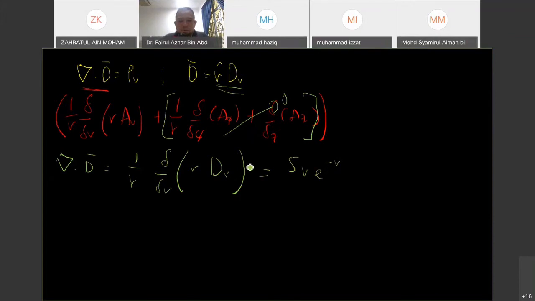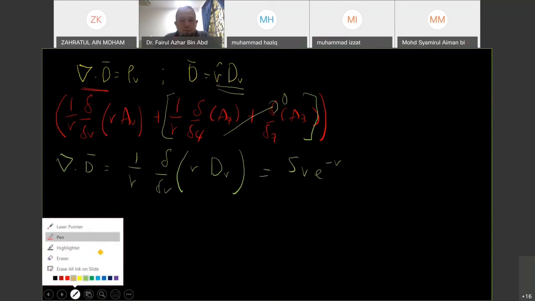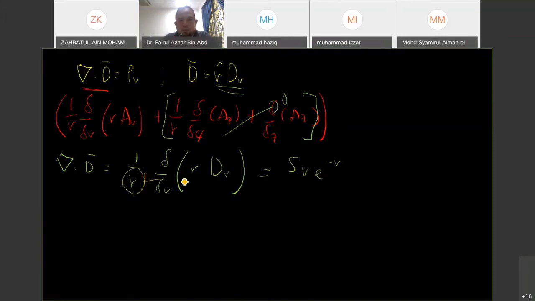Okay. So in order to solve this one, we need to perform integration for both sides. Before we can integrate these two parts, we need to take this r into this side.